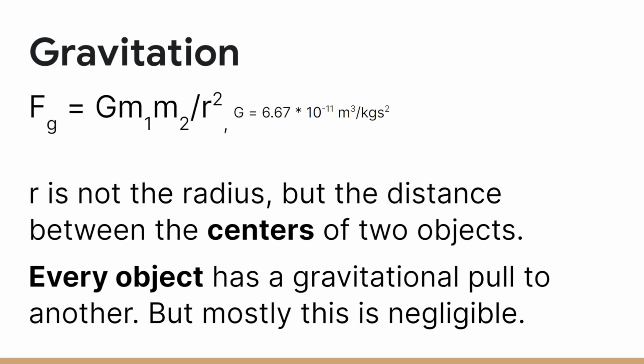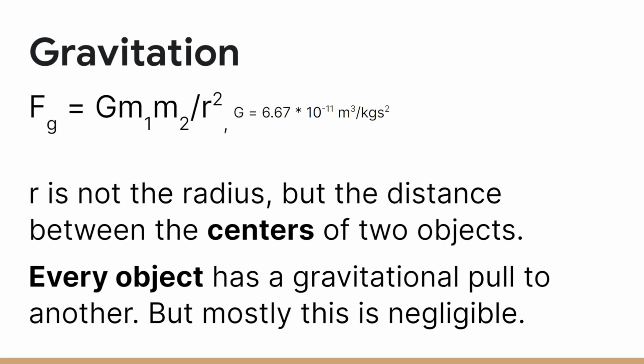Also, you want to know that every object has a gravitational pull to another. Any ordinary object, the ones you see on your desk right now, your pencil, eraser, all exert a gravitational force on you, and you also exert one back on them by Newton's third law of pairs. But this is mostly negligible.